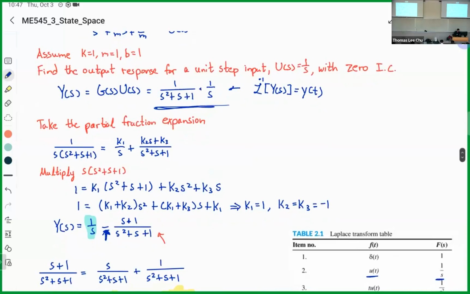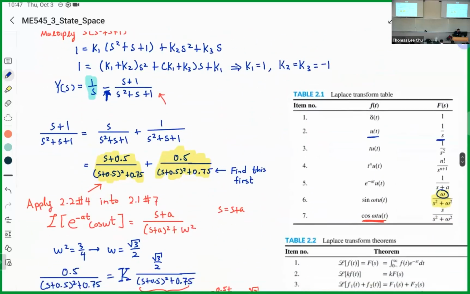So we plugged this in, and we have our output response, but it's not in the form we recognize. We have to do partial fraction expansion to then break things up into a form that we can recognize. So we can use table 2.1 to take the inverse Laplace transform. We're able to do that for 1 over s, which is the step input.